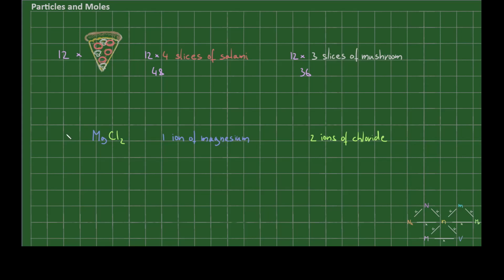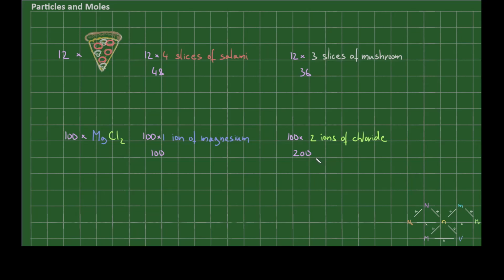If I end up with 100 particles of magnesium chloride, everything needs to be multiplied by 100. And so I will have 100 times 1, which is 100 ions of magnesium, and 100 times 2, which is 200 ions of chloride.